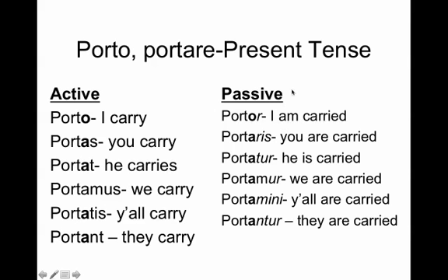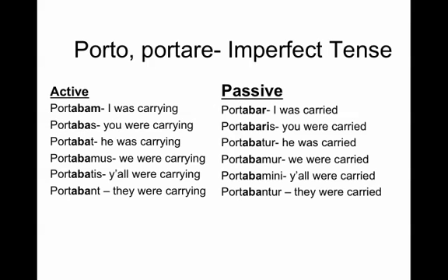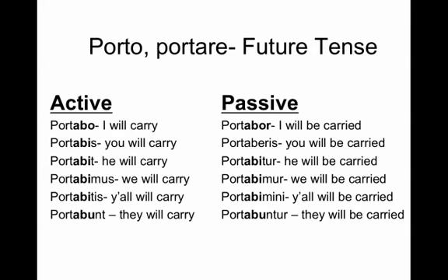So I'm going to show you a couple more tenses as we go through this. Imperfect. You can probably pause this for a second and have a look. Everything should hopefully make sense to you. Future tense. This is the one place where there is a slight exception. Notice portabo becomes portabor. That makes sense.